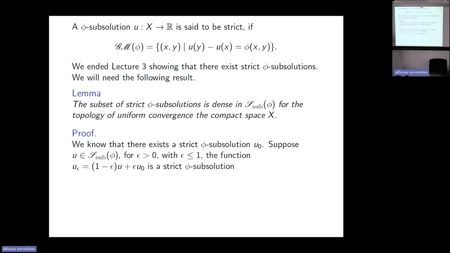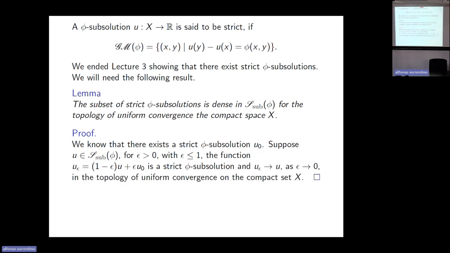So if you start from any other subsolution u and take the convex combination u_epsilon equals (1 minus epsilon) u plus epsilon u_0, it's a phi subsolution because phi subsolutions are stable by convex combination, and if you take epsilon positive, you can show that it's a strict phi subsolution. And of course, when epsilon goes to 0, u_epsilon goes to u in the topology of uniform convergence on the compact X. Okay.